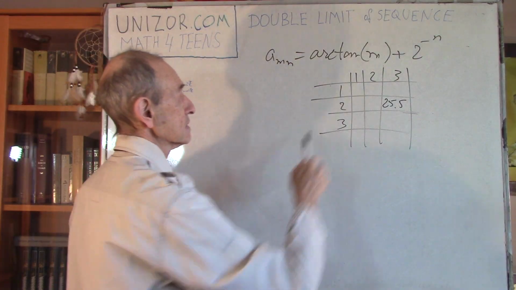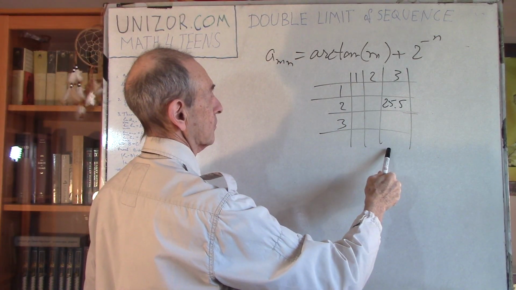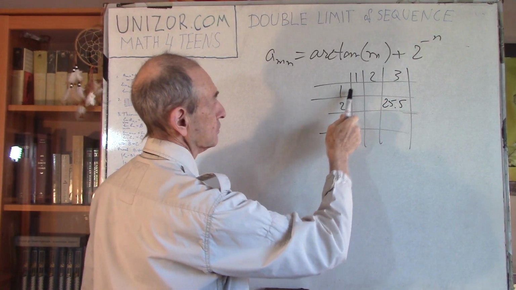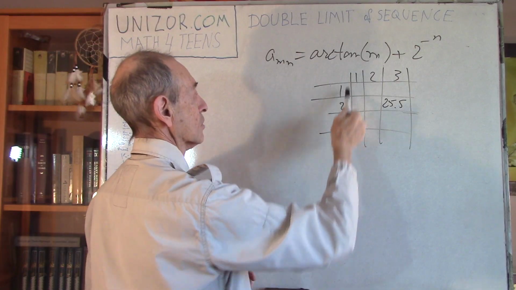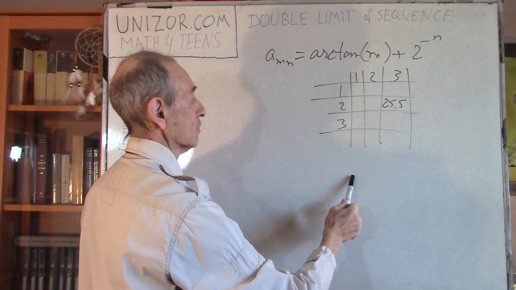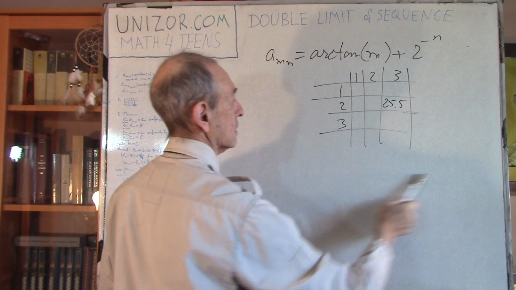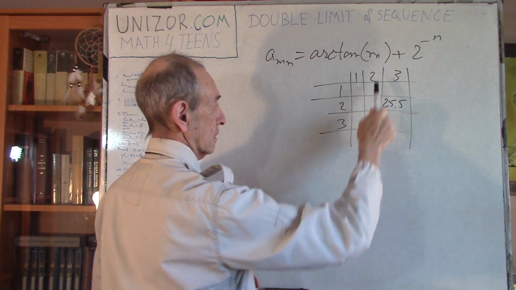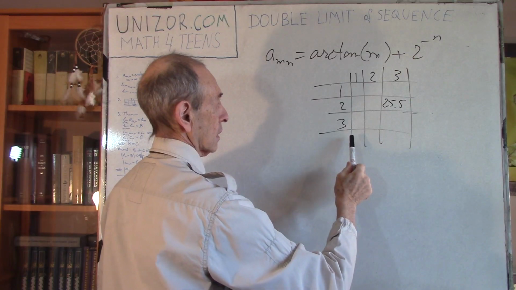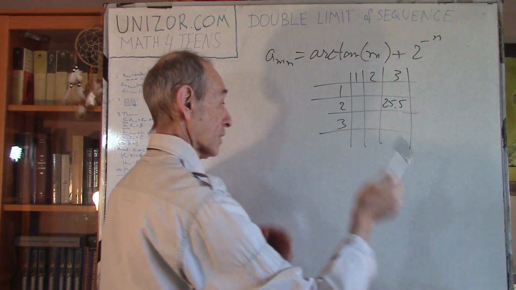It means that in this table we go to infinity by both indices. We can go, for example, here to infinity and then here to infinity. So it will be the vertical column and then the horizontal. Or it can be vice versa.